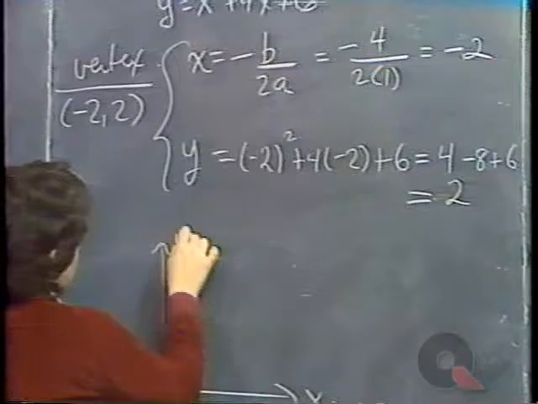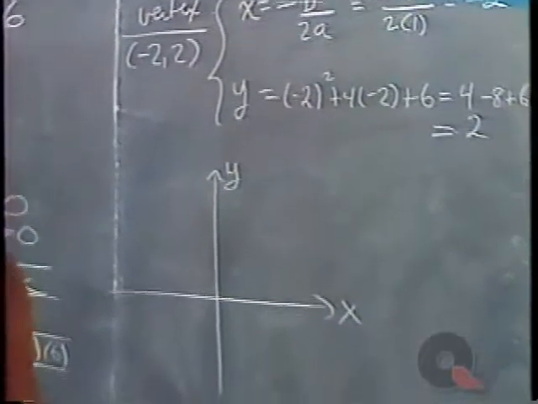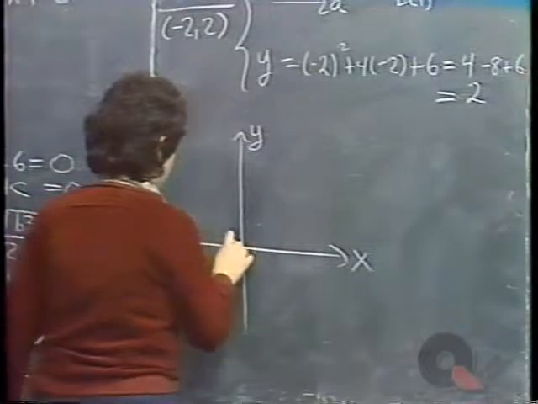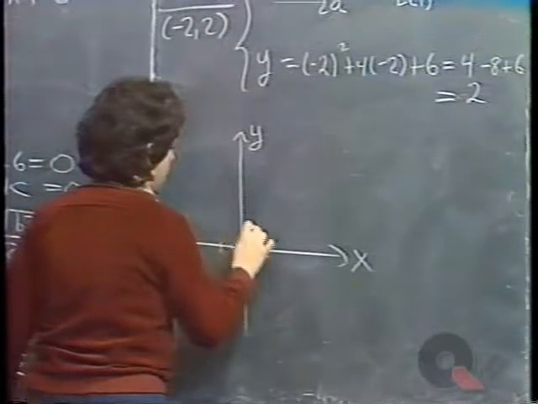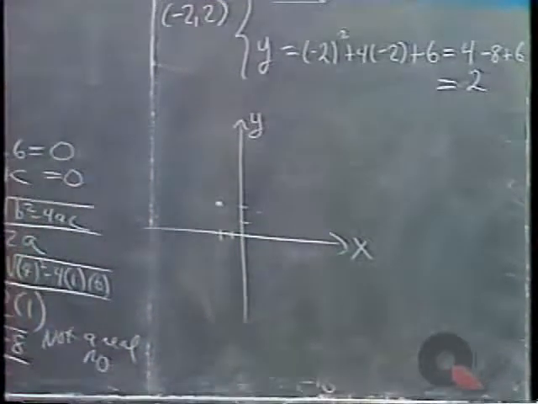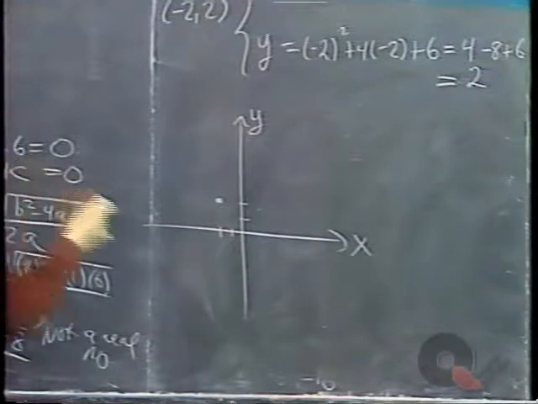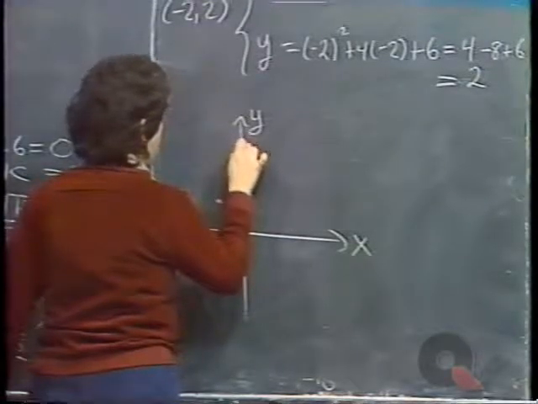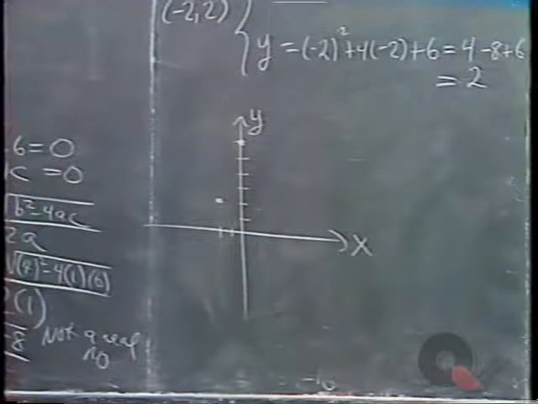Now, in all the other problems, just the intercepts and the vertex were enough to sketch the parabola. Here, however, we have the coordinates of the vertex. It occurs at minus 2, 2. We know the y-intercept is 6. We do not have any x-intercepts on the parabola.